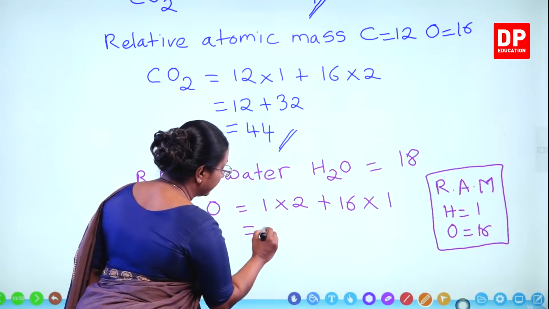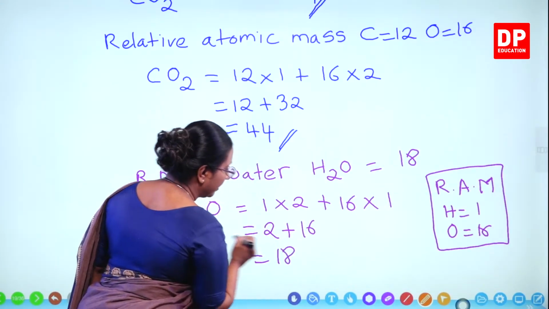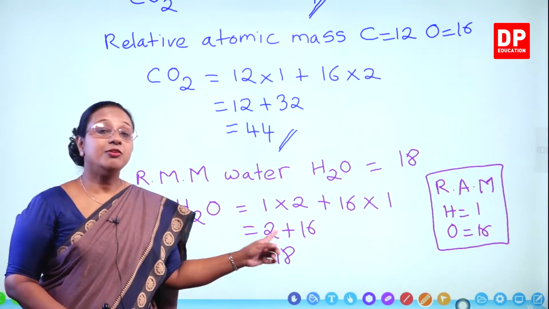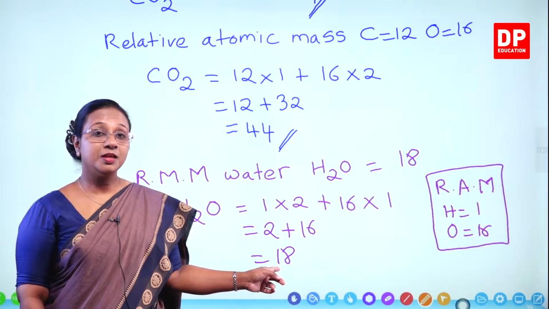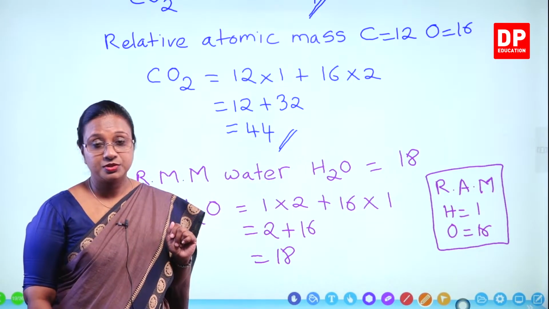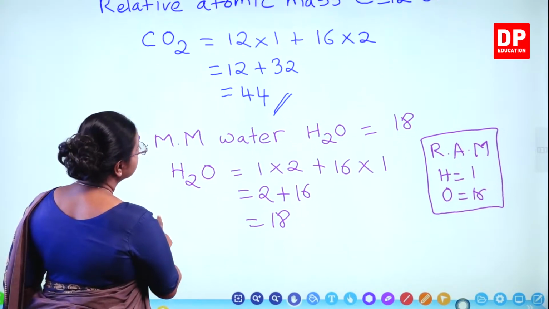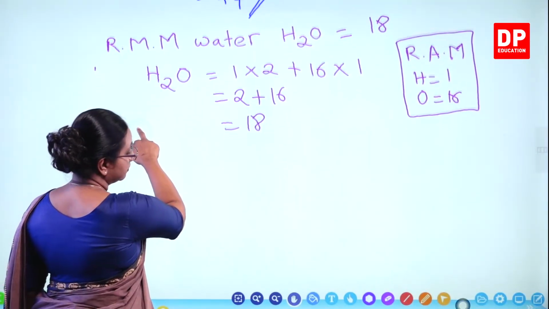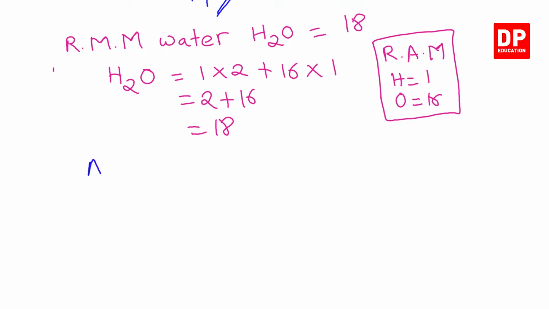So if you add them together, 2 plus 16, that is going to be 18. Can you remember we got the value as 18 before also? So that is how you calculate the values. We will do one more example. Let's consider ammonia.